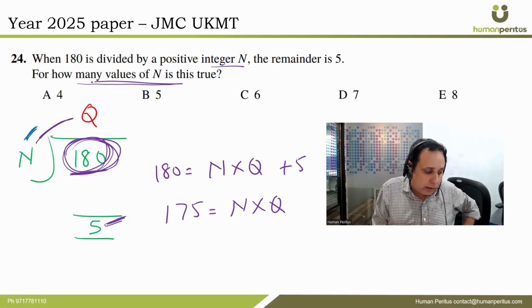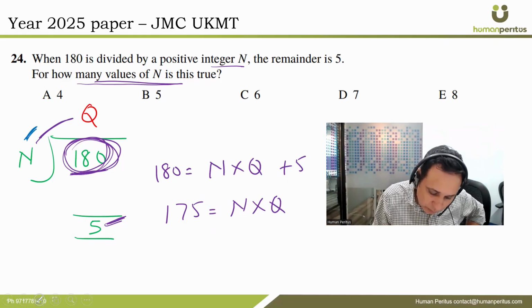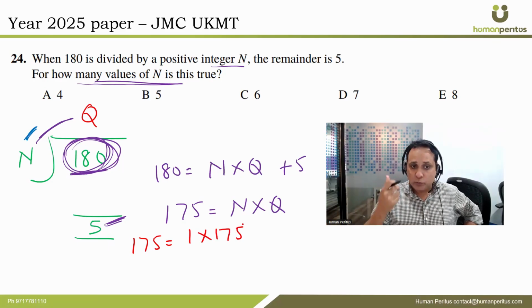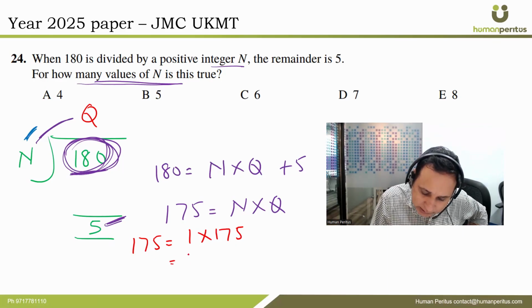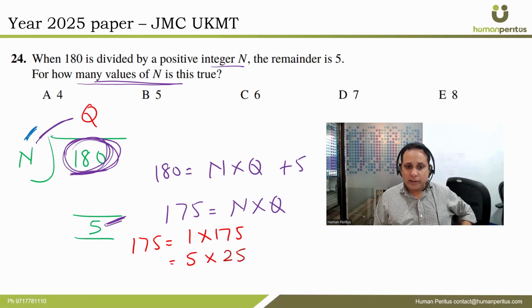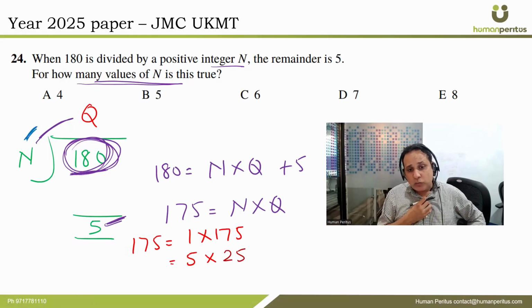So now your n can be 1. So 175 can be written as 1 into 175. So the value of n is 1. Then what is the next number with which we can divide 175? 2, no. 3, we can add up these digits: 1 plus 7 plus 5 is 13, so 3 is not dividing. The next one is 5, yes, 5 into 35. Now what can be the next value of n?